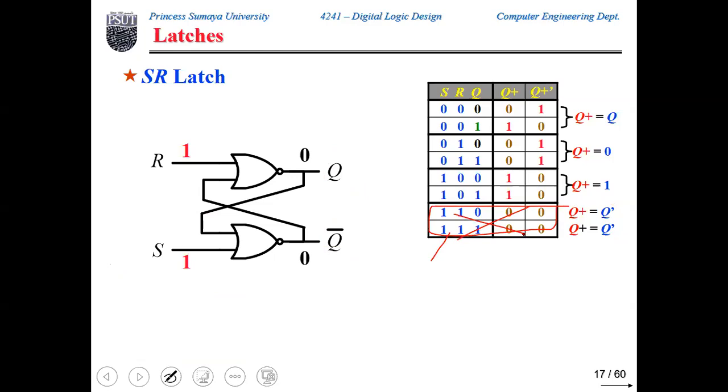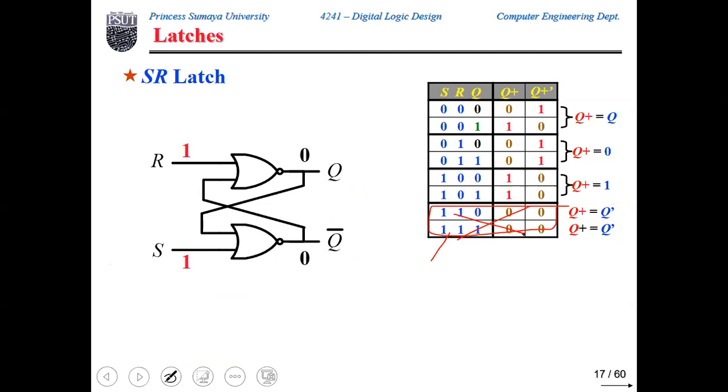You cannot use it when you use the SR latch. You can't use this input combination because there is a contradiction.